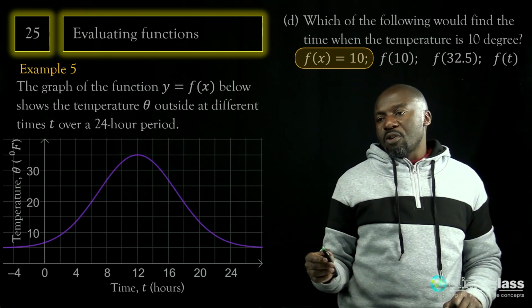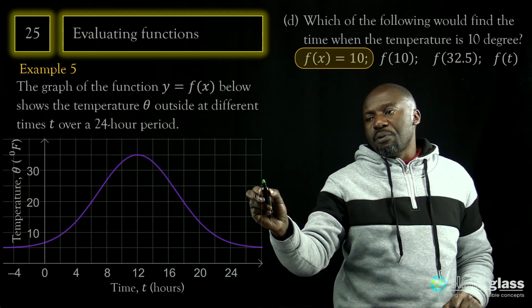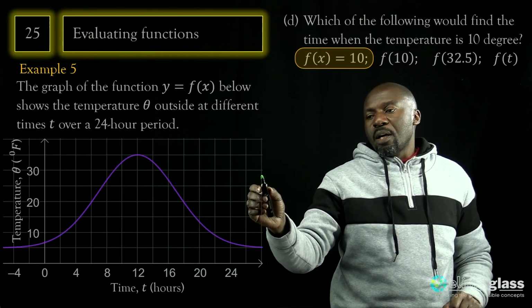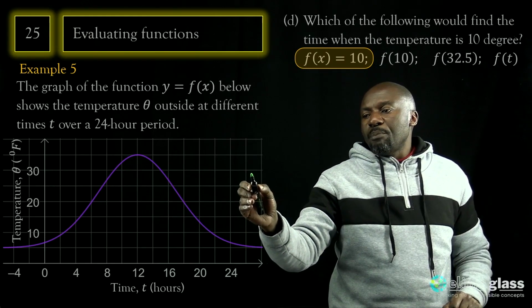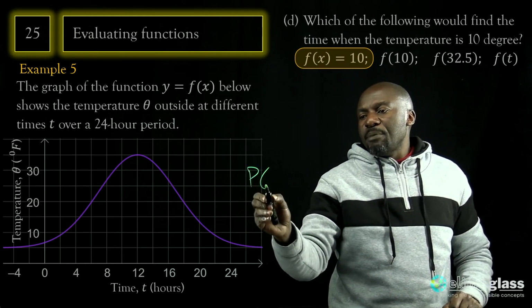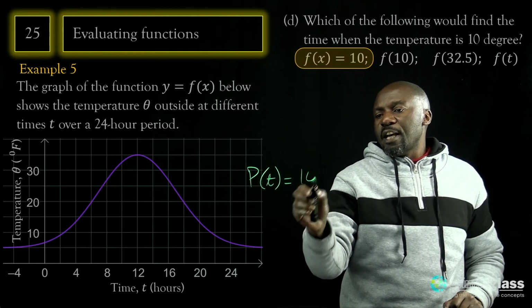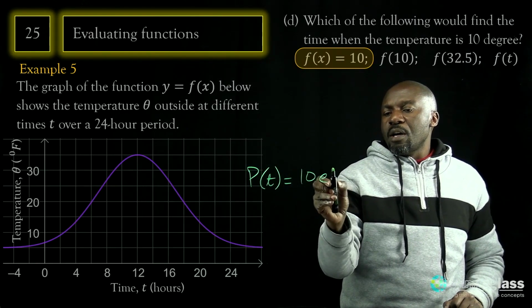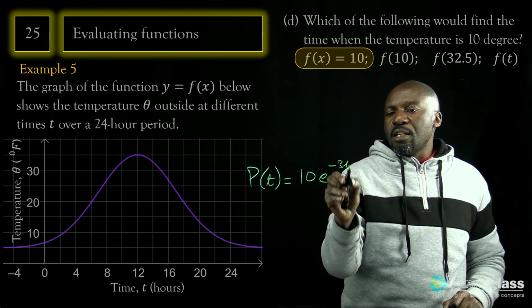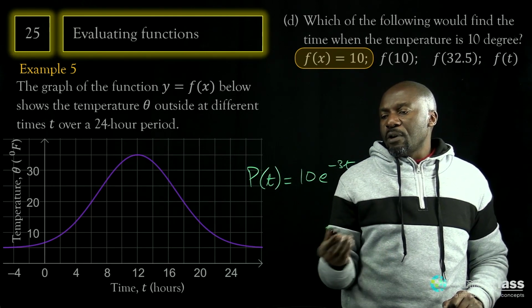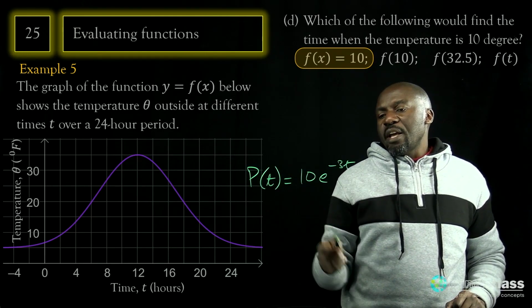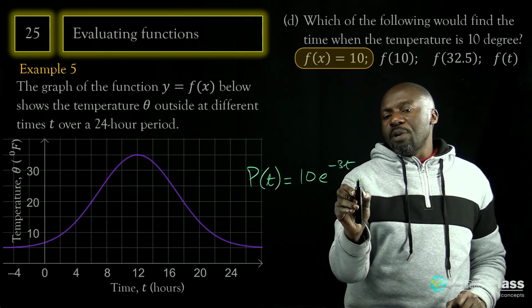Remember when we were talking about, say, the population of predator and prey. The population of rabbits at some time t is given by, maybe, 10 e to the power minus 3t, where t is the time. And we are told there is a time when the population will be 1,000.